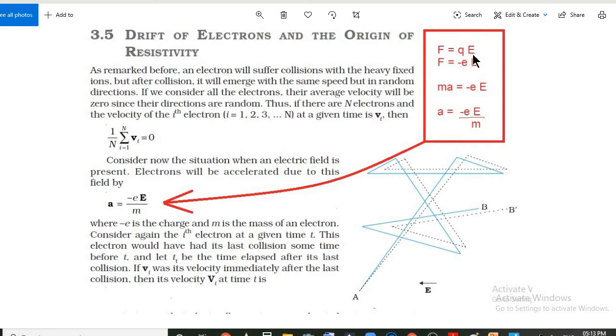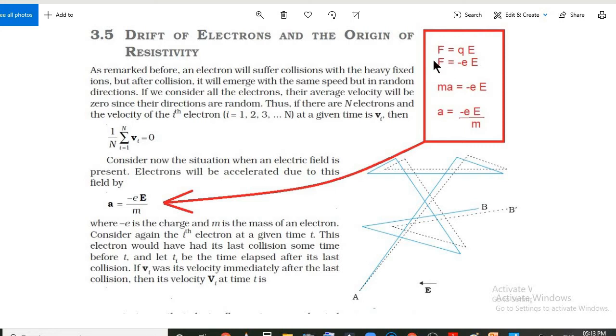That force is the Coulomb force. How much is it? F is equal to Q into E. Here the effective particle is the electron. The charge of an electron is minus e. So instead of Q we may write minus e. Thus F is equal to minus eE.